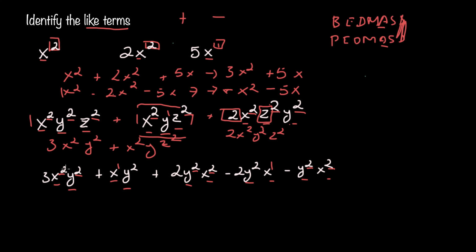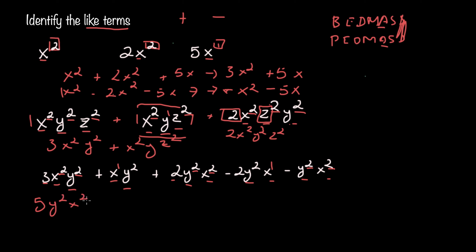So 3x squared y squared plus 2y squared x squared. If we add the coefficients, 3 plus 2, we're going to get 5, because 3 plus 2 is 5, right? And the variables are going to stay the same. They still retain their value.